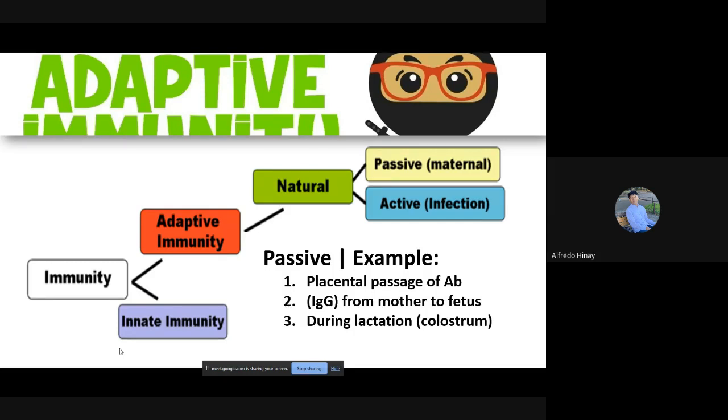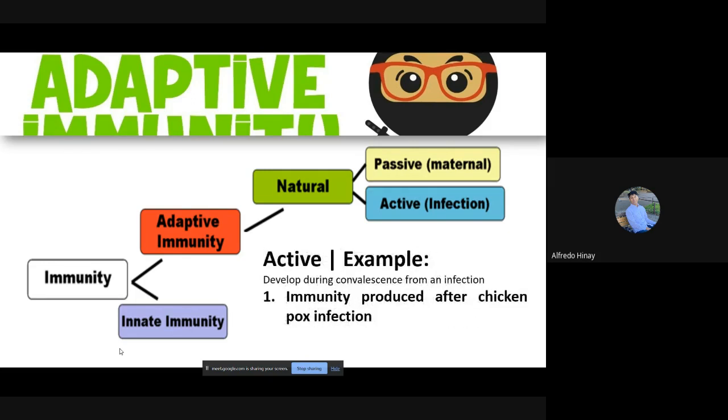Okay, you have your immunoglobulin G from your mother to fetus or during lactation and colostrum. For your active naman class, alam naman natin no active, diba? So, syempre, pag active, example will be immunity produced after chickenpox infection or pag na-infect ka ng hepatitis B, so ayun, you will produce your own antibodies with that one.